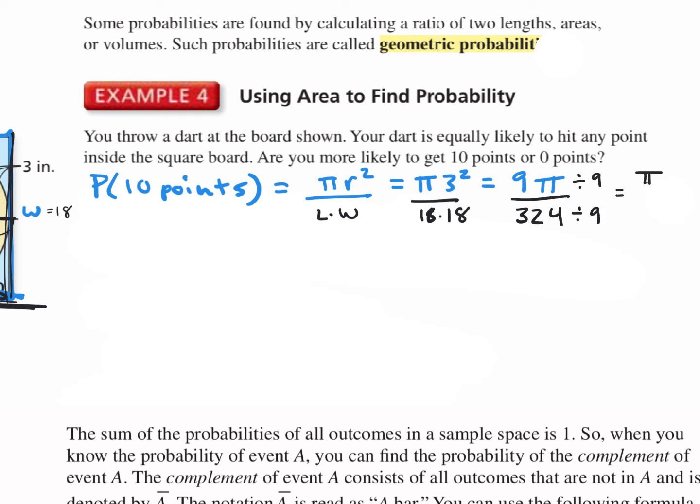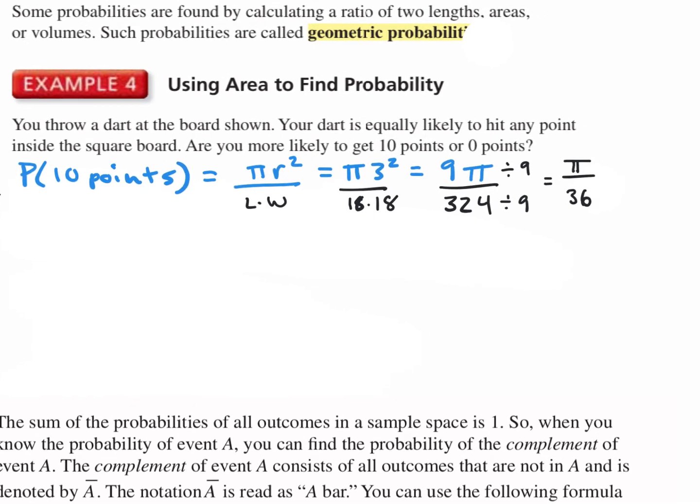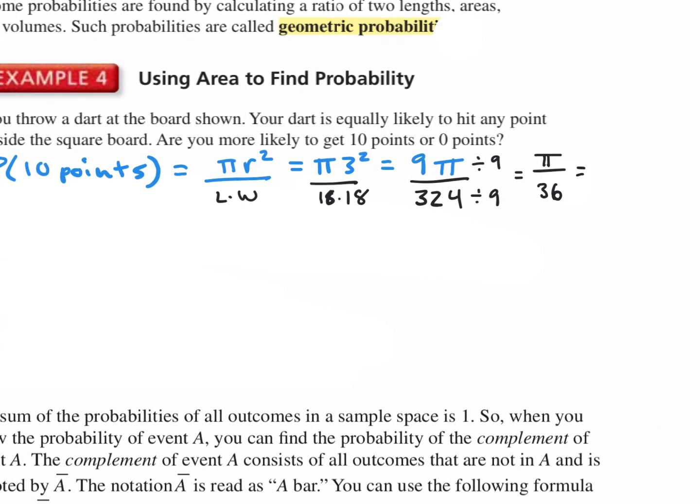So we're just left with pi on top. And what's 324 divided by 9? 36. Awesome. Which, if we put this into a decimal, this would be 0.0873. So this is our probability of it landing in the 10-point circle.